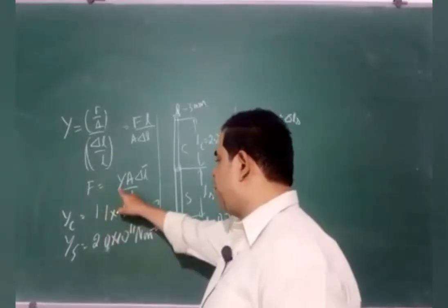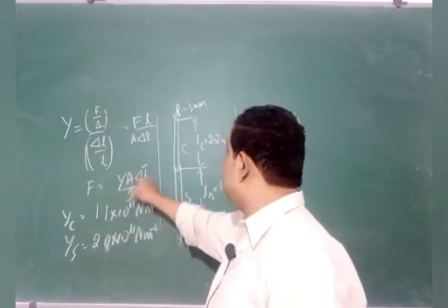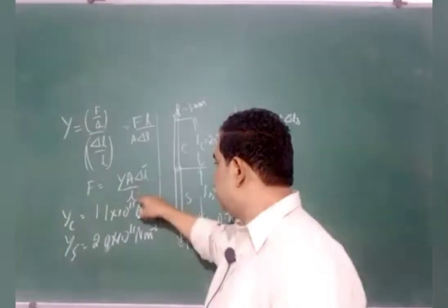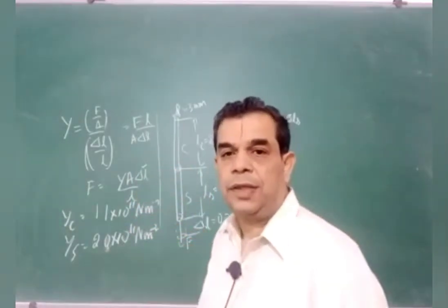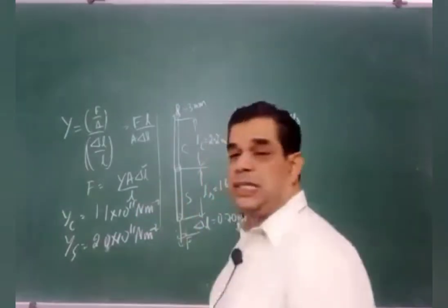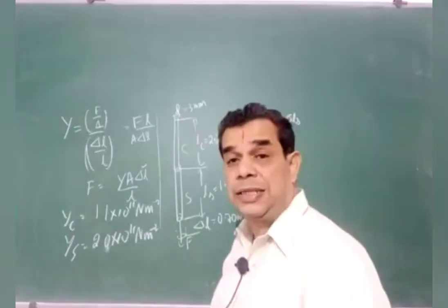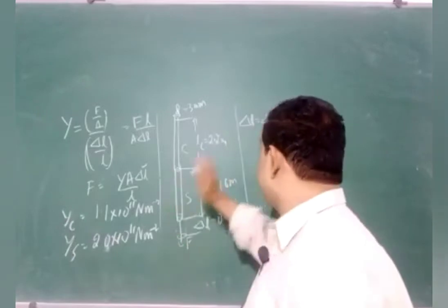You know the Young's modulus of copper, YC, or steel. Area, we can calculate, diameter is there for both. L, we know the length, but for copper, delta LC is not known. For steel also, delta LS is not known. So the whole crux of the problem is to find delta LC or delta LS.